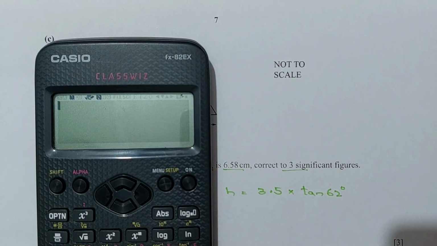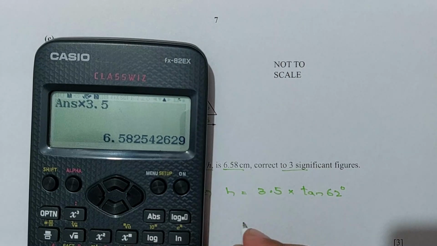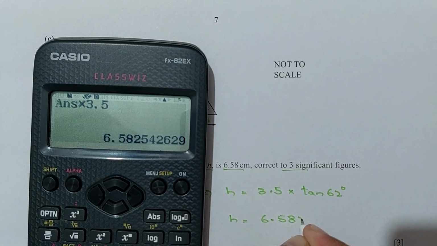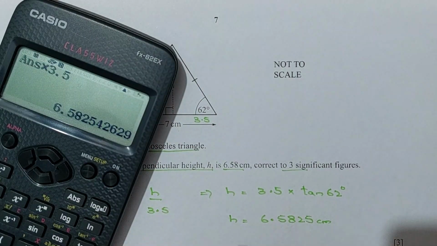In degrees mode, tangent of 62 times 3.5, the height is 6.5825 centimeters. Up to three significant figures, 1, 2 and 3, it's 6.58 only, because this digit is 2, it is less than 5, so we are not going to round up.